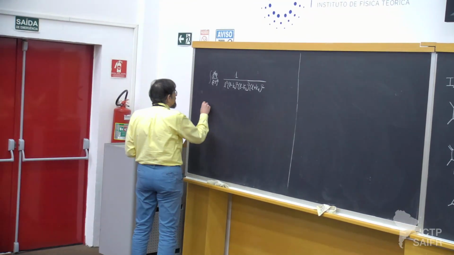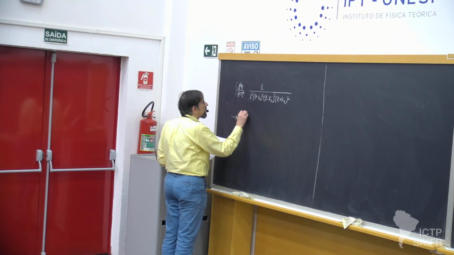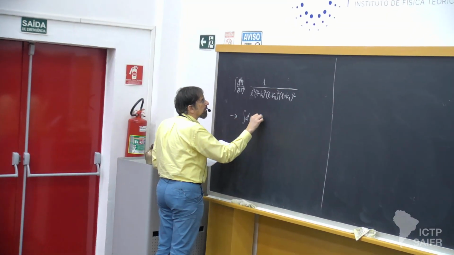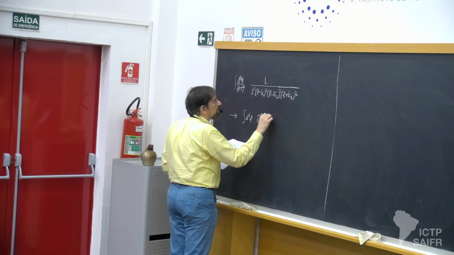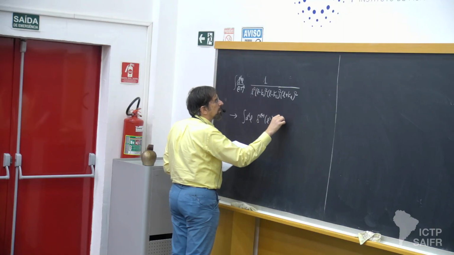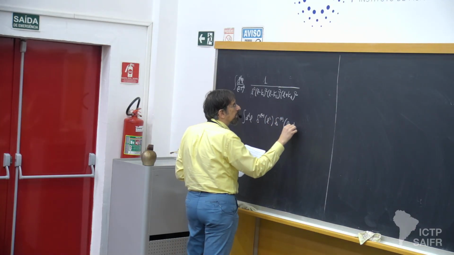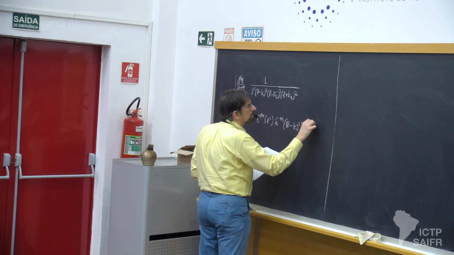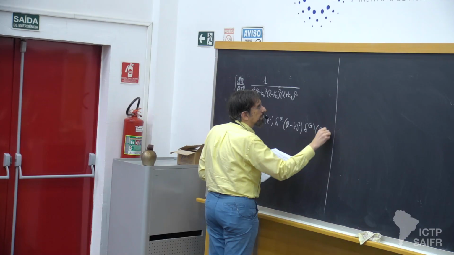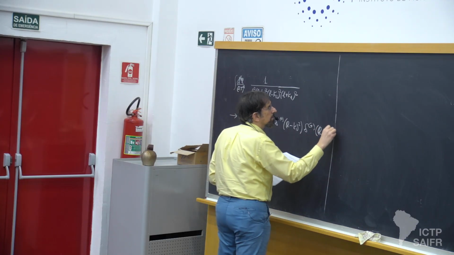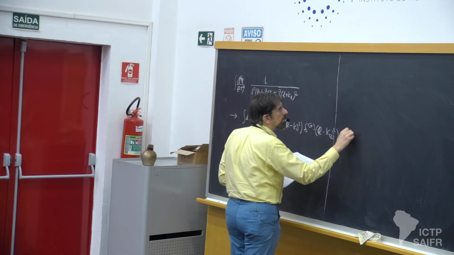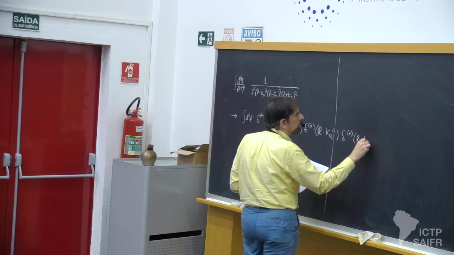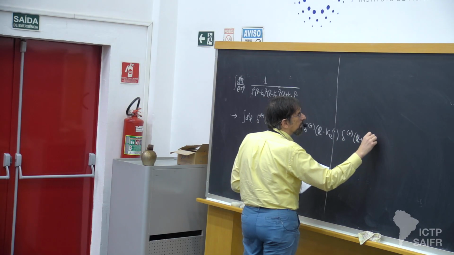So this integral is going to go to d^4L, L squared, delta plus of (L minus K1) squared, delta plus of (L minus K12) squared, delta plus of (L plus K4) squared.